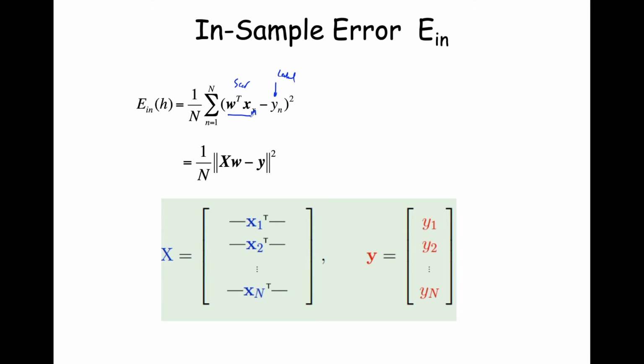And so we can cast this in vector matrix notation using something that the statisticians call the design matrix. The design matrix is a so-called row matrix, and it's called a row matrix because the rows contain vectors of interest.